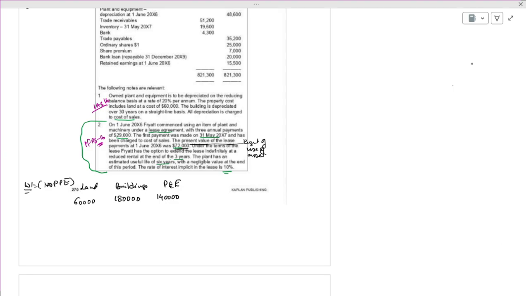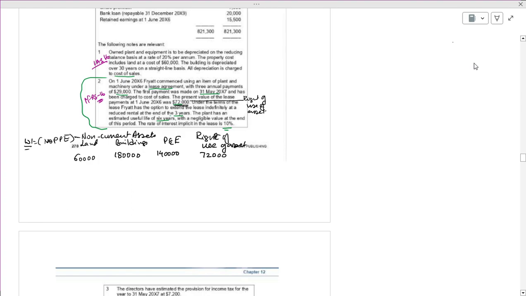Now, in the non-current assets, you have to add another column, right of use asset. How much is the right of use asset? It is 72,000. Is it okay? Any doubt, you ask me.